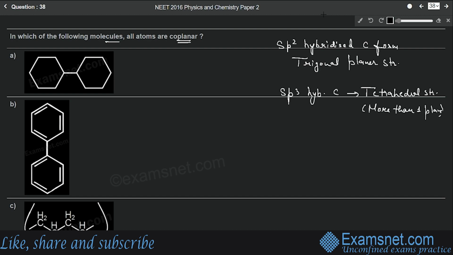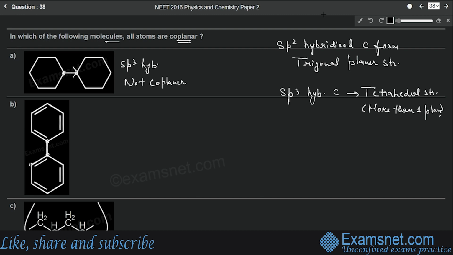So let's check. In the first option you can see the carbons are sp3 hybridized, that means there will be hydrogens attached like this. So more than one plane will be required, so it will not be coplanar. In the second one, all the carbons seem to be sp2 hybridized, right?